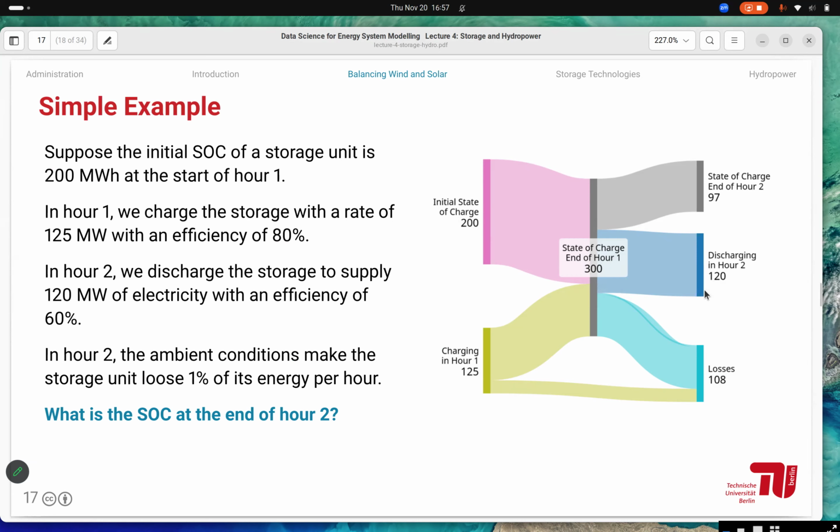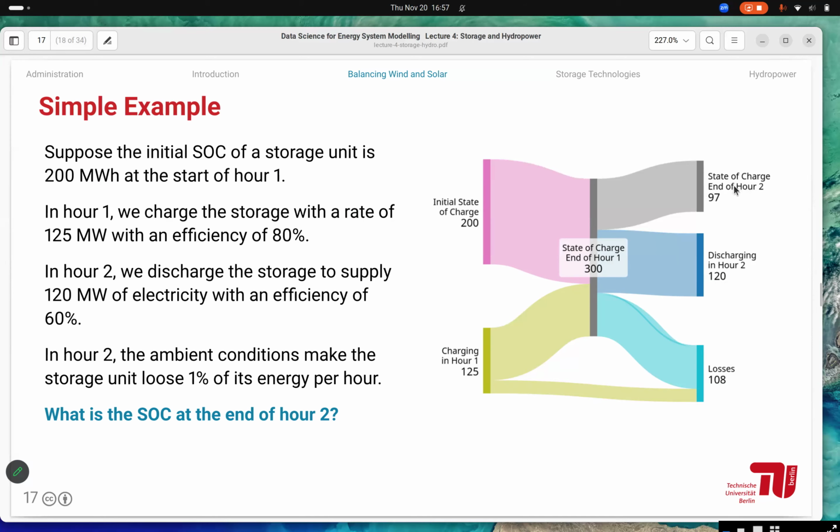And then we're discharging 120. And that means we take out of the storage 120 over 60%. So we divide by 60%. And then we have also 1% of the 300 as losses. And that means, so 120 divided by 0.6 would be 200. We have additional 3 that go into the losses.